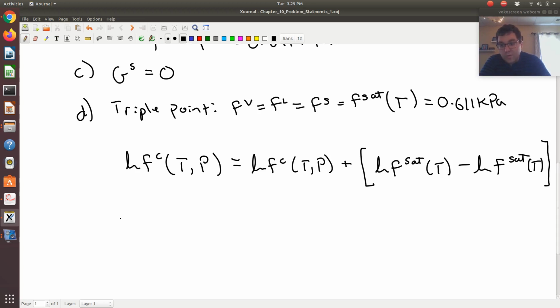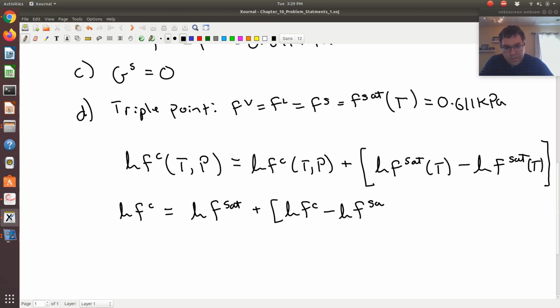Okay, so rearranging, I get that log f^C, and I'll drop the functional dependencies for now, is equal to log f^sat plus log f^C minus log f^sat.